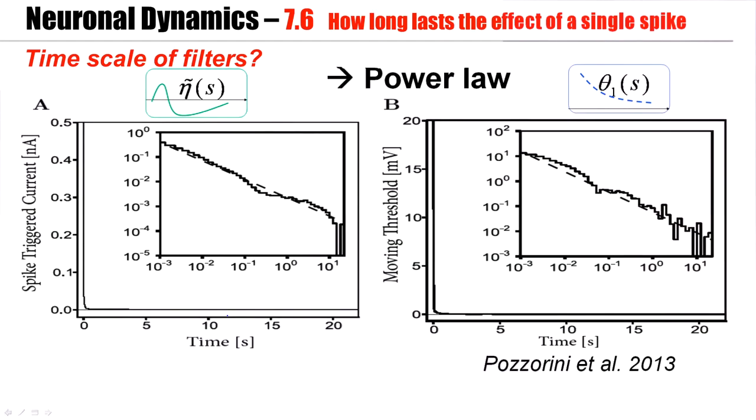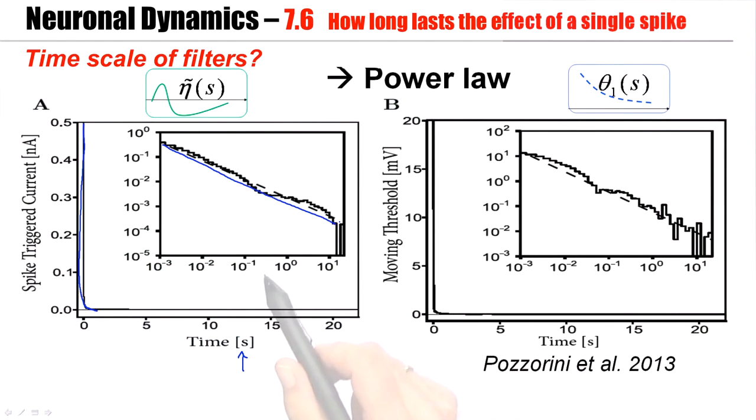Now if you look at the shape of this filter as a function of time, this is seconds, not milliseconds. This is really seconds. Then this filter is extremely sharp, goes down rapidly. Now if you zoom in, you would find that it's not zero here. On a log-log plot, this is what it looks like, and it's basically a straight line.